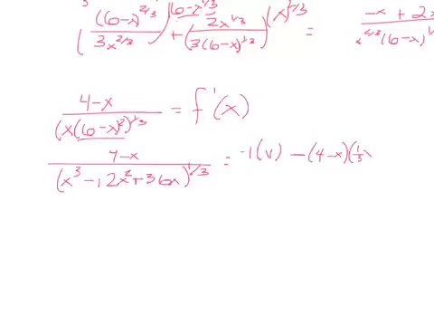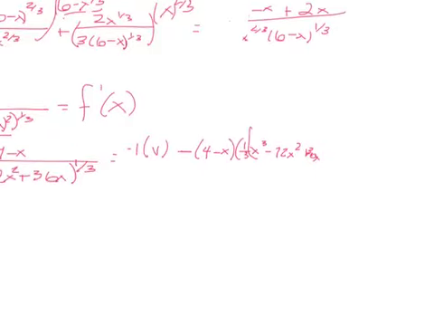1/3 times (x cubed minus 12x squared plus 36x) to the negative 2/3 multiplied by the chain rule, which would be 3x squared minus 24x plus 36.